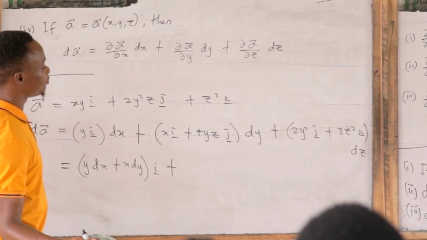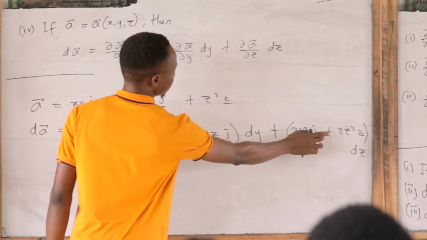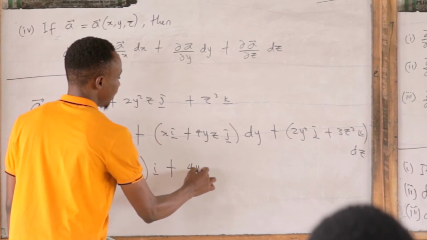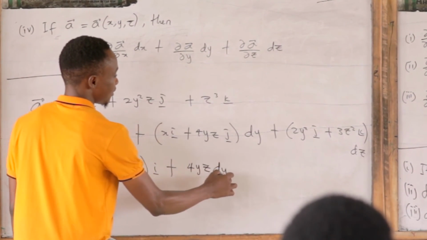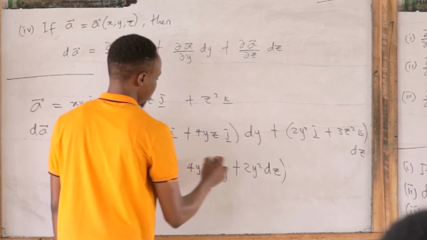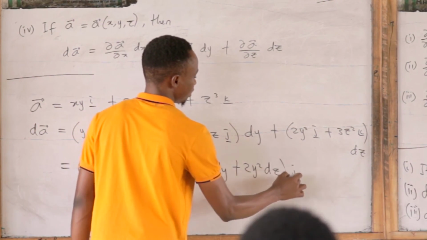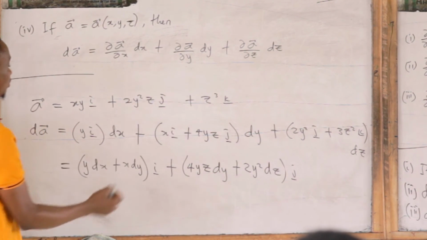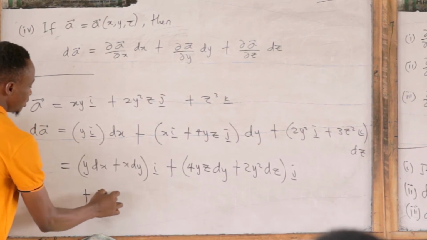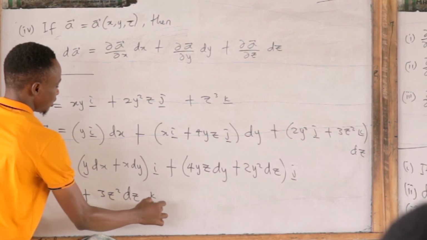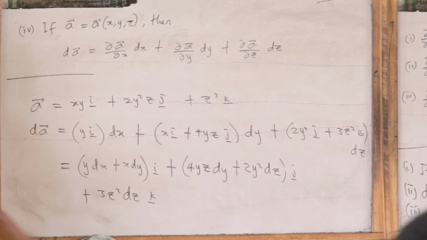Those that have j: 4yz dy plus 2y squared dz, multiplied by j. Then those that contain k, the only one here: 3z squared dz times k. So these are the components of the differential.